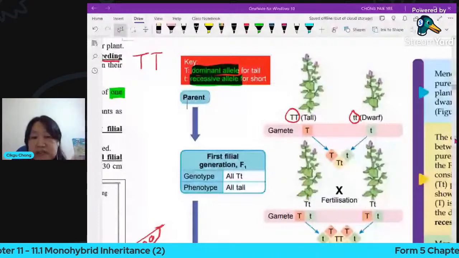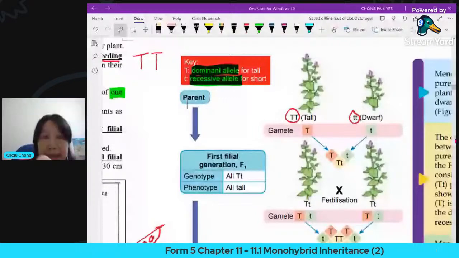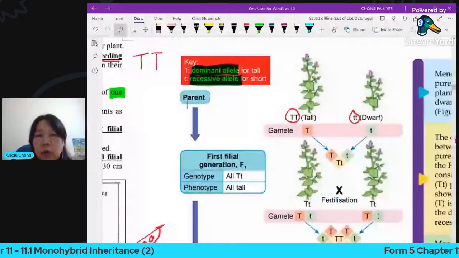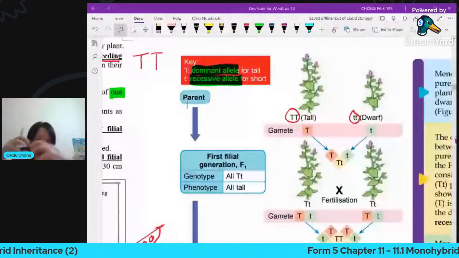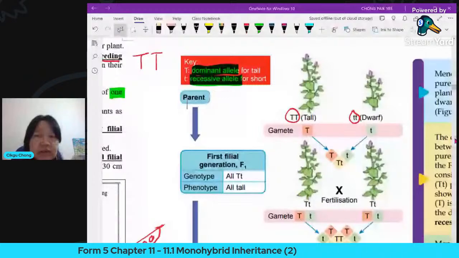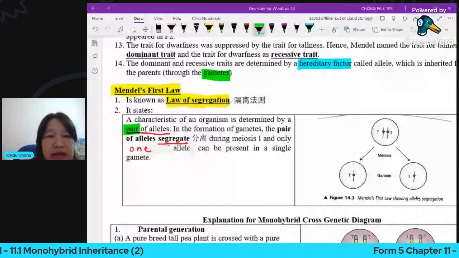A characteristic of an organism is determined by a pair of alleles. See, it's always a pair. That means there are 2 alleles involved. And in the formation of gametes, whenever you want to make the next generation through sexual reproduction, the pair of alleles will separate. We call it segregate.